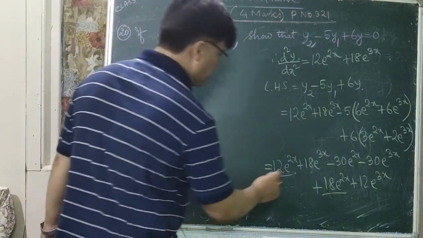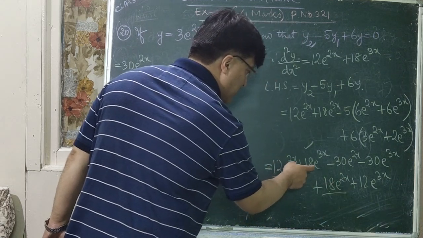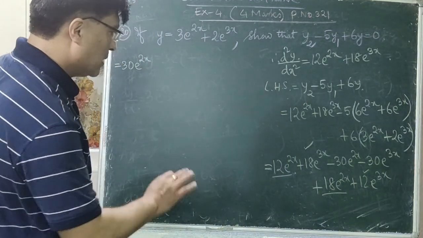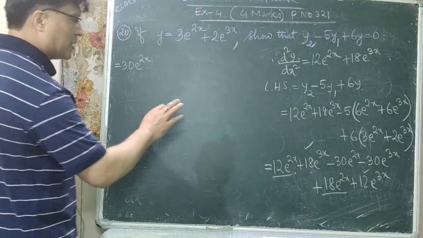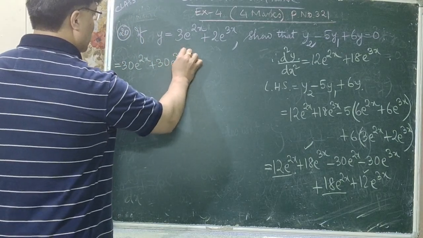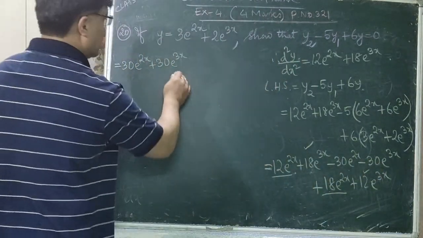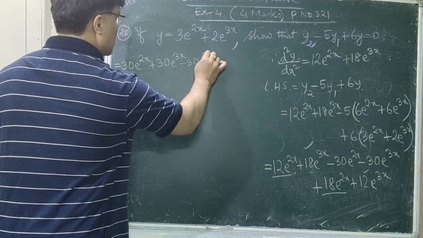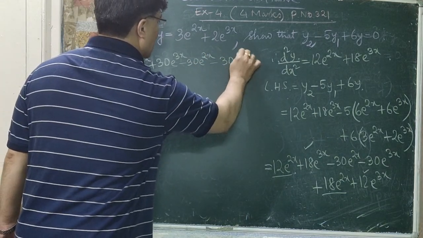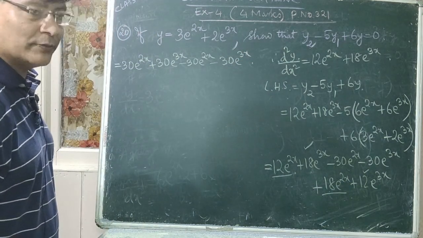And next, plus 18 e to the power 3x plus 12 e to the power 3x. How much is it? Same sign, you can add them: 18 plus 12 is 30 e to the power 3x, right? Then you can write down these two terms, minus 30 e to the power 2x, minus 30 e to the power 3x. Is that clear to all of you?